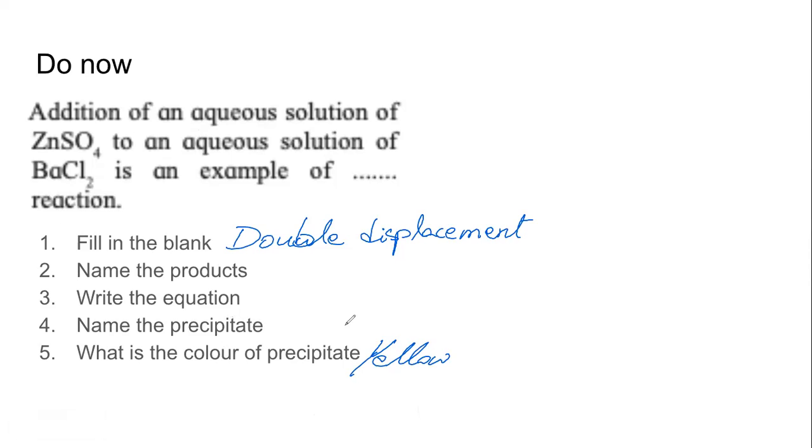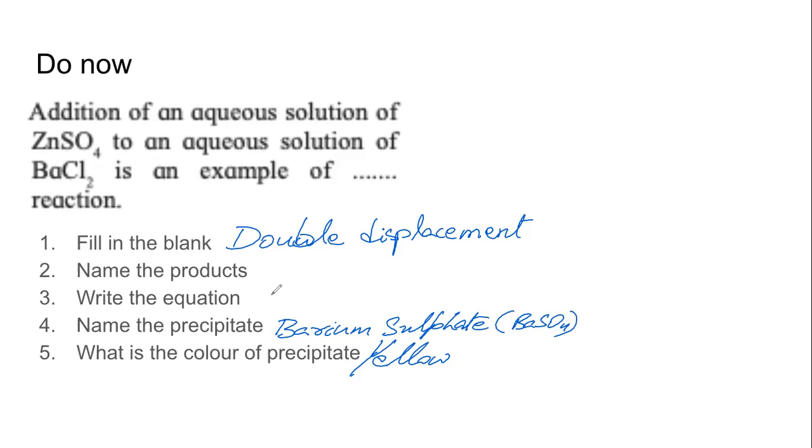And this precipitate will be yellow because it is barium sulfate, BaSO4. Why do I say that barium sulfate will be the precipitate?